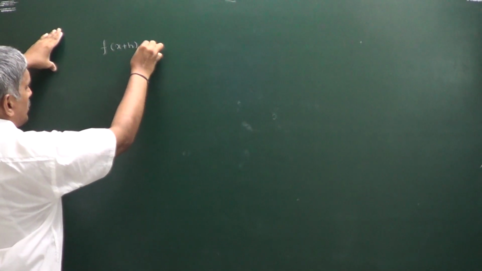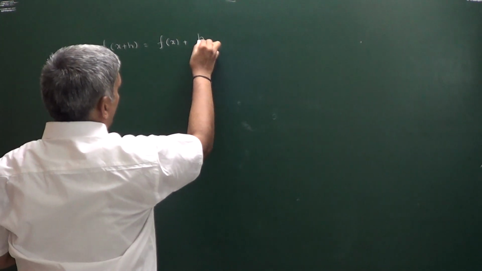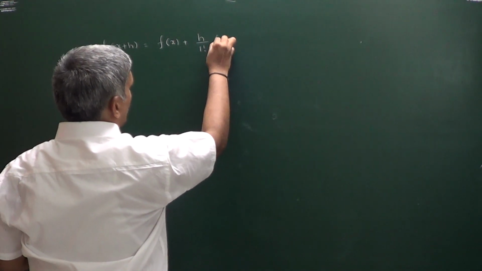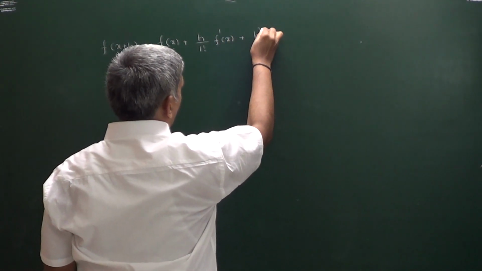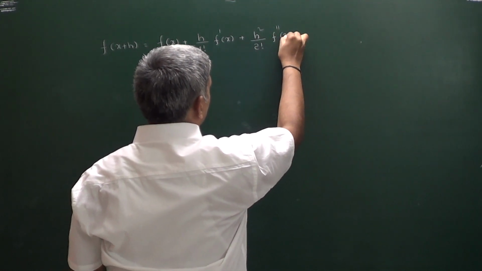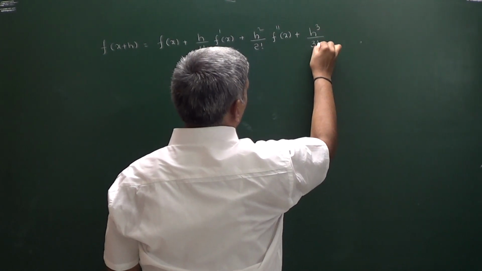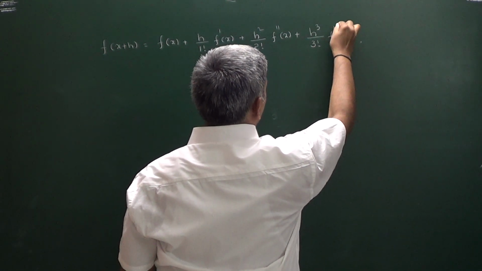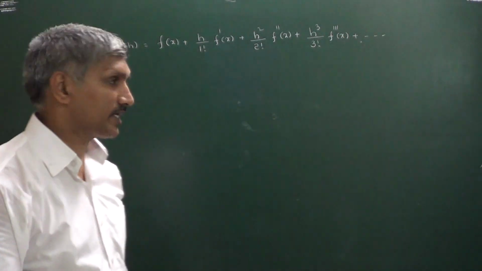This is the Taylor's expansion. f of x plus h is equal to f of x plus h by 1 factorial into f dash of x plus h square by 2 factorial into f double dash of x plus h cube by 3 factorial into f triple dash of x plus and so on. That is the Taylor's expansion.